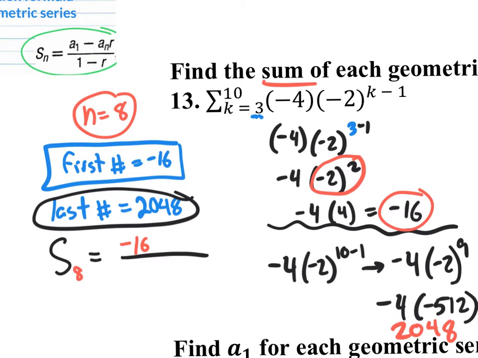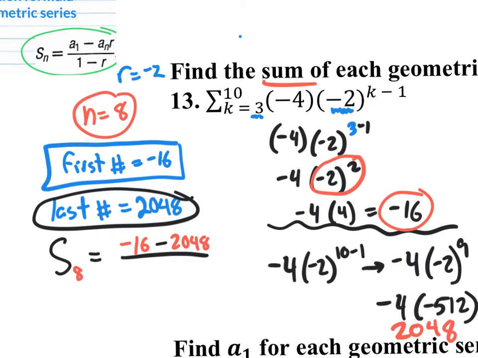There's a minus sign on the formula, so let's put that minus sign, and then we'll put the 2048. And we still need to multiply the A sub n times a common ratio r, which we could clearly see is the base of our exponential situation right there. So the common ratio r is negative 2.